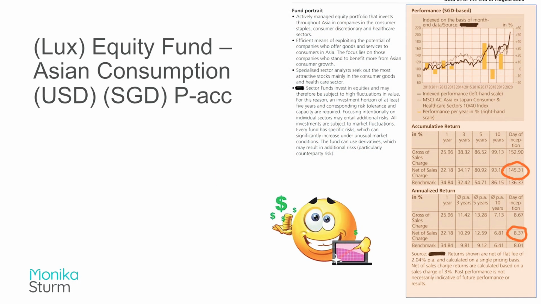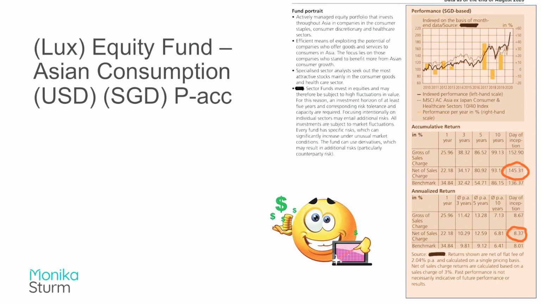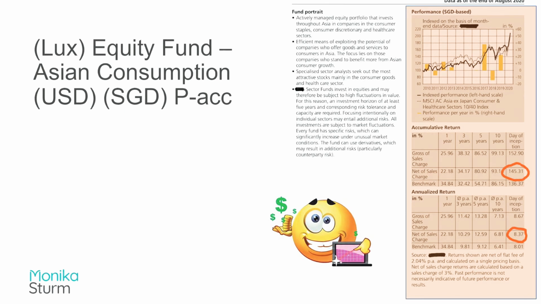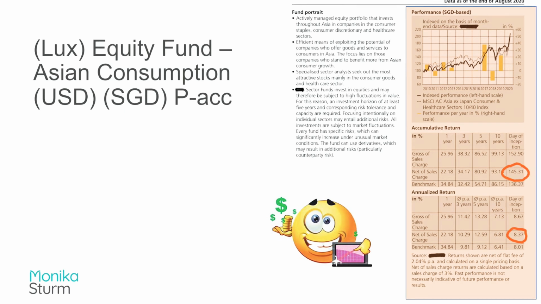The second column on the right describes the performance of the fund. The two graphs at the top give you a visual idea of the performance since 2010. The black line shows the performance of the fund, the dotted line, the index it is benchmarking against. In this case, it's the Morgan Stanley Capital International, or short MSCI, Asia ex Japan Consumer and Healthcare Sector Index.